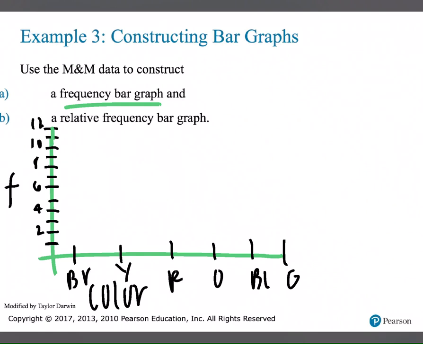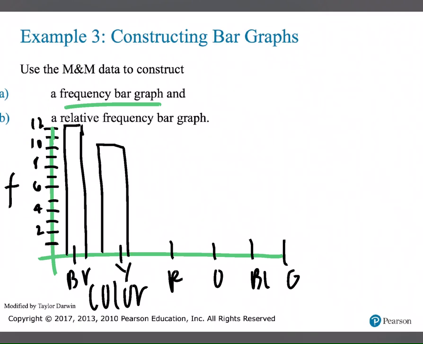And then I'm going to make a bar for each one. So brown had 12. So I'm going to go up to 12. Create a bar. And remember, these don't touch. So yellow had 10. So I'm going to go to the 10 mark and not touch the brown. Go from there. Let's see. Red had 9.